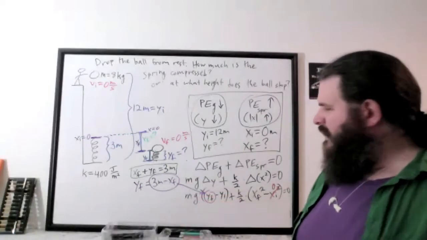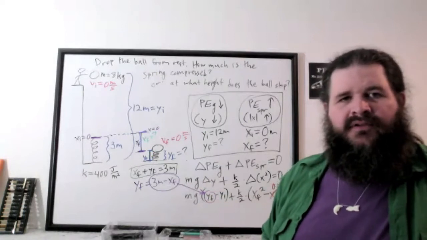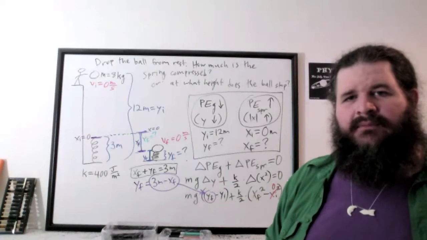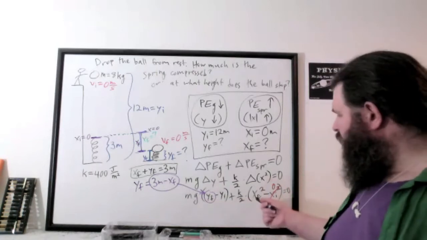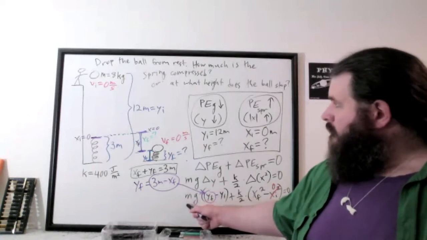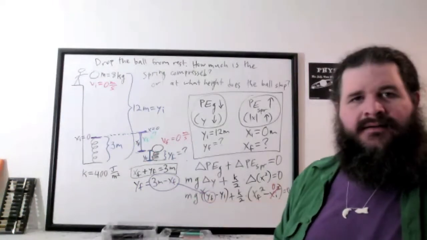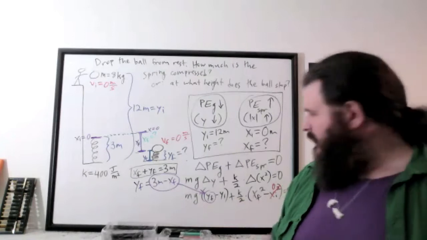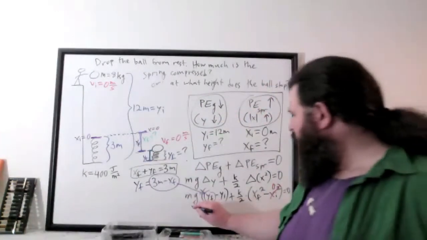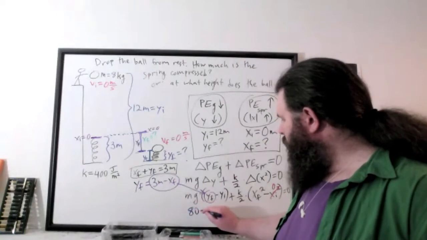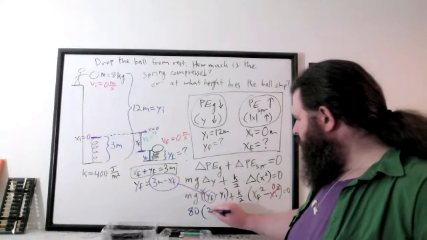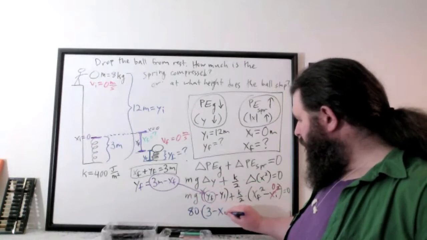M times g, and at this point we may as well start filling in numbers. Usually I would recommend leaving the numbers until the very end, but because of the x squared, it might be easier to fill in the numbers now. What's m times g going to be here? 80. Yeah, 8 times the 10 meters per second squared for gravity, so 80. Y final we can replace with 3 minus x final.